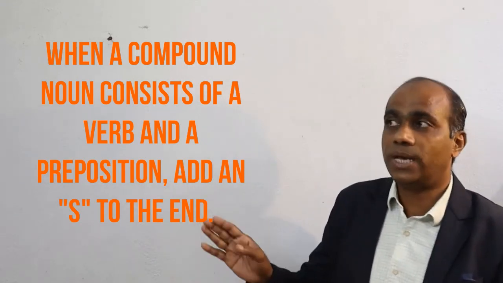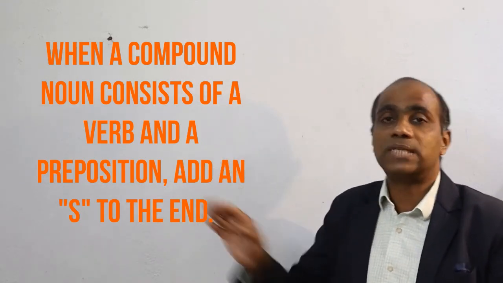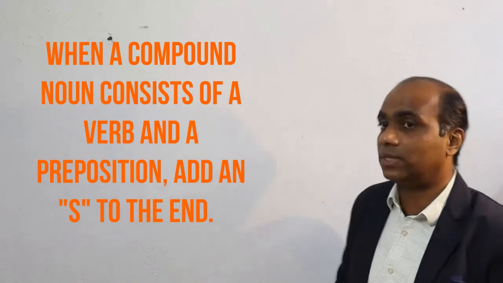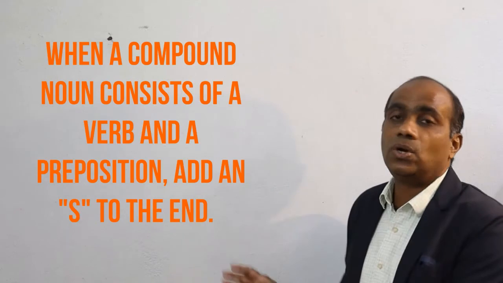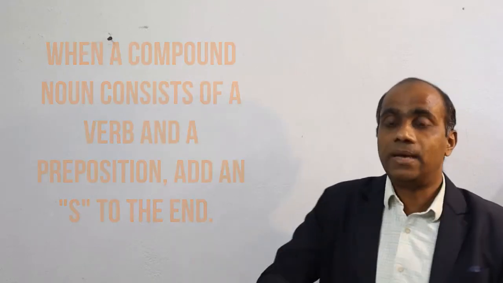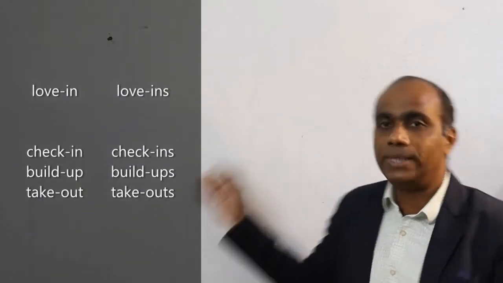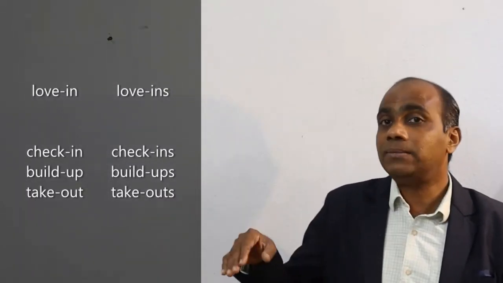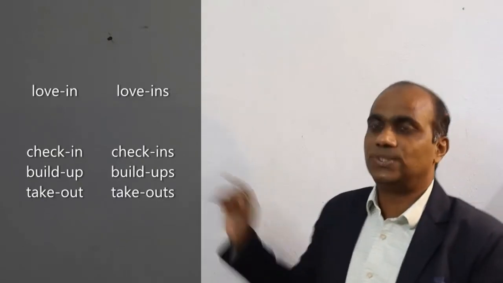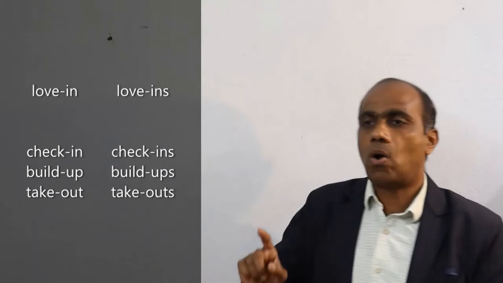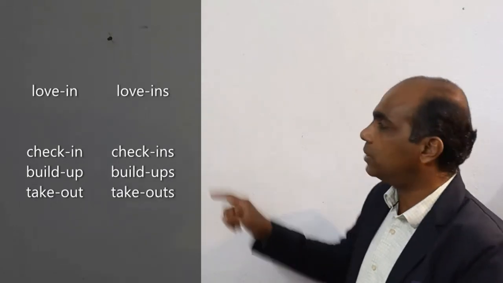That is to say, when a compound noun is hyphenated, add S to the principal word. Here it is not like that, because there is a preposition and there is a verb. Love-in, love-ins. Check-in, check-ins. Build-up, build-ups. Take-out, take-outs.